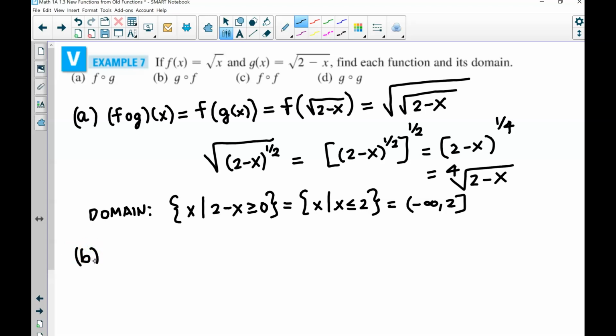Okay, if we take a look at part B, you want to find g composite f. And again, writing down the definition, we have g where the input is f of x.